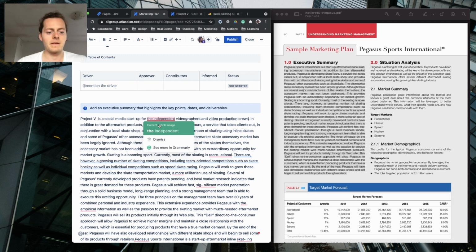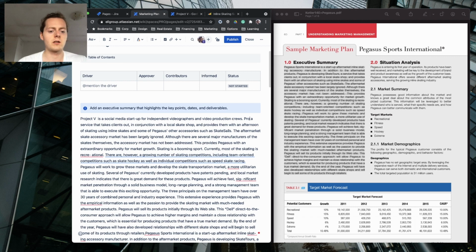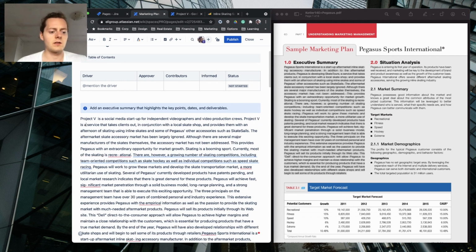Okay, it's independent. In addition to the market products, okay, service that takes clients out. So Project V is a service that takes clients out in conjunction with the local skater.